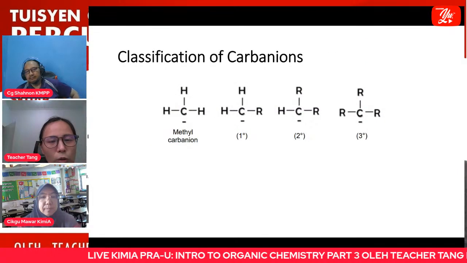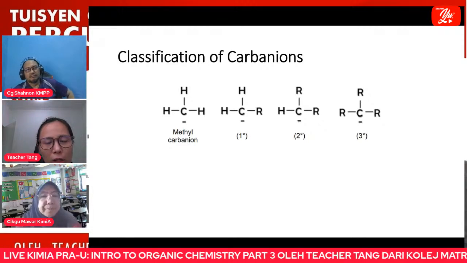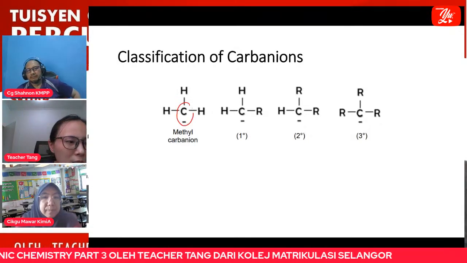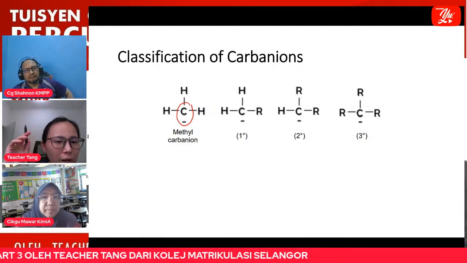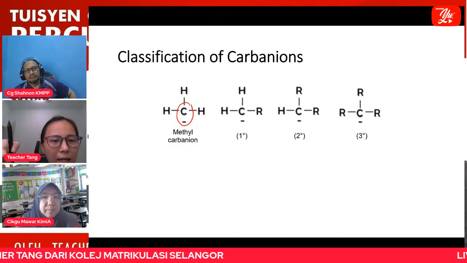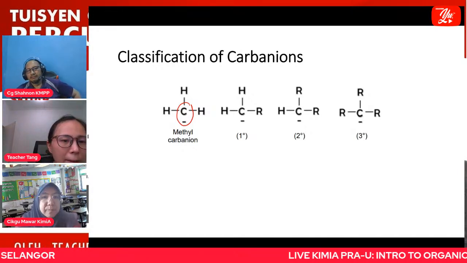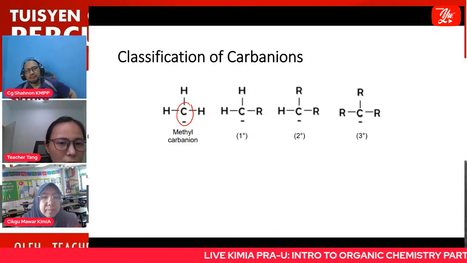Then now we move on to look at carbanions. For carbanions, how do we classify them? Again, we need to circle the reference carbon, which is the carbon that carries the negative charge. For the methyl carbanion, no alkyl group is attached to it.